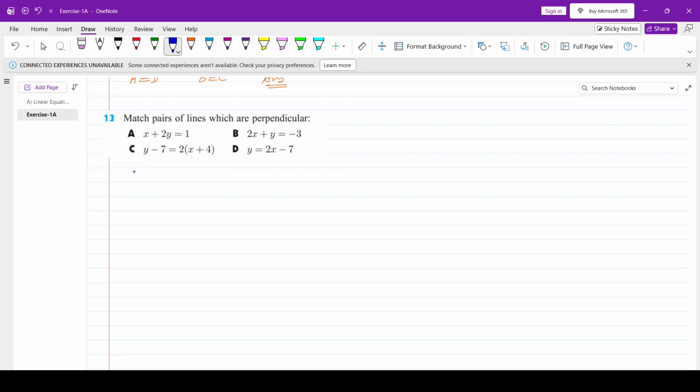In order to find the perpendicular lines, as I taught you earlier, let's say line 1 has gradient m, and let's say line 2, which is perpendicular to line 1, has gradient minus 1 by m.